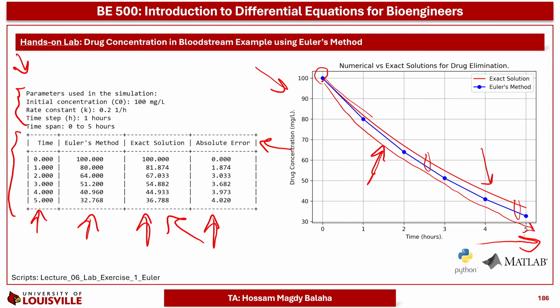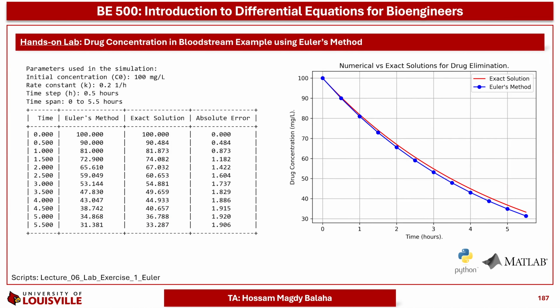As we mentioned, the global truncation error will increase by increasing the steps, and this was for h equals 1. But as we mentioned, if we reduce the value of the time step or the step size, for example h equals 0.5, this will increase the complexity or increase the cost, which refers to the number of iterations.